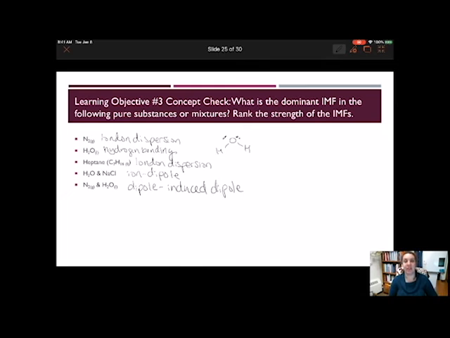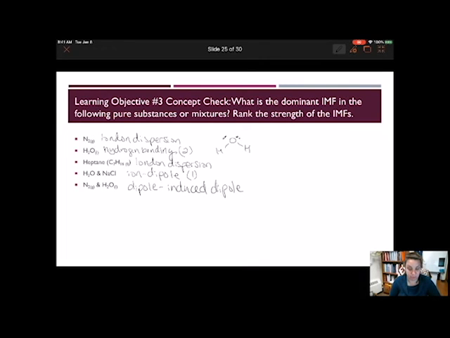Now, if we want to rank these from strongest to weakest, where strongest is going to be 1, weakest will be 5. We look, our very strongest force here is going to be our ion dipole. So be a 1 there. And then beyond that, we have hydrogen bonding. So 2 there. And then we move into our dispersion forces.